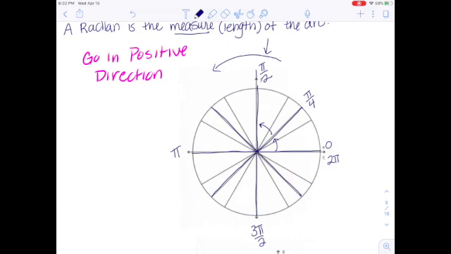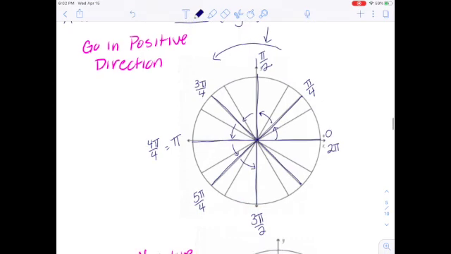Add another pi over 4, you get pi over 2. Add another pi over 4, and that will be 3 pi over 4. And then, of course, 4 pi over 4 is equivalent to a pi. And now you're at 5 pi over 4. Add another pi over 4, which is technically 6 pi over 4, but you know that simplifies to be 3 pi over 2.